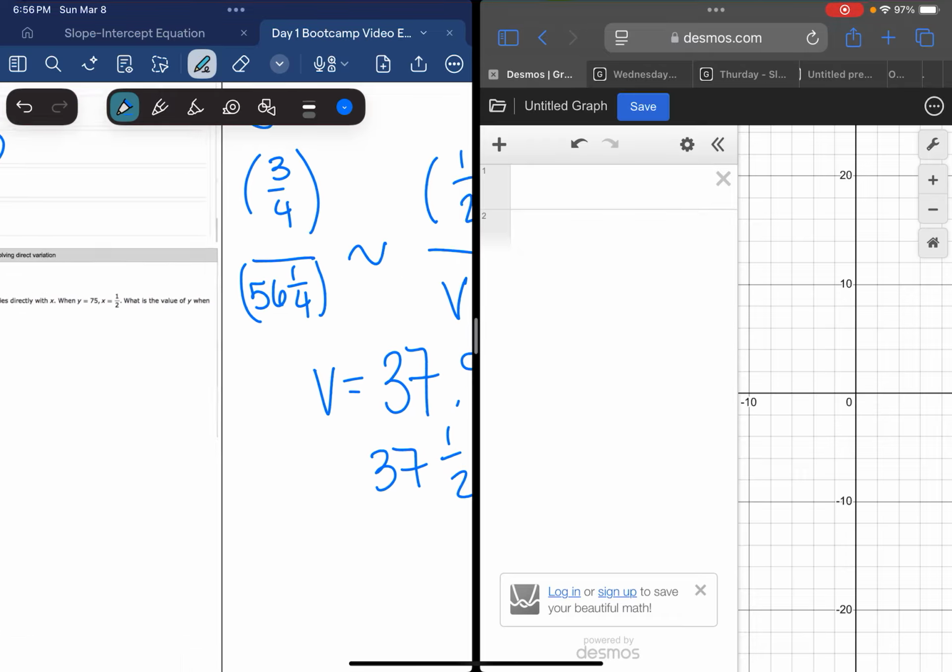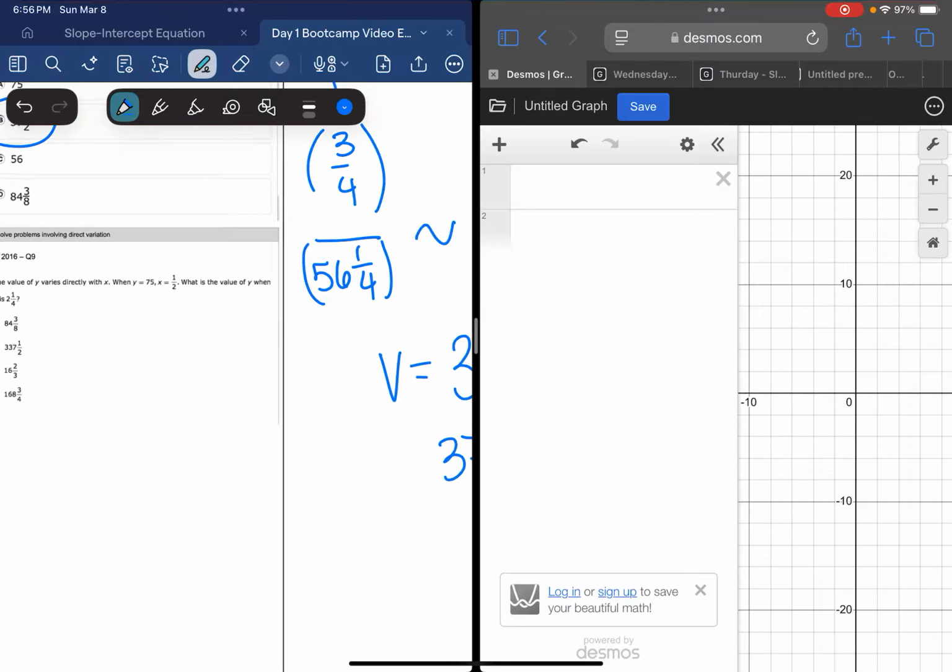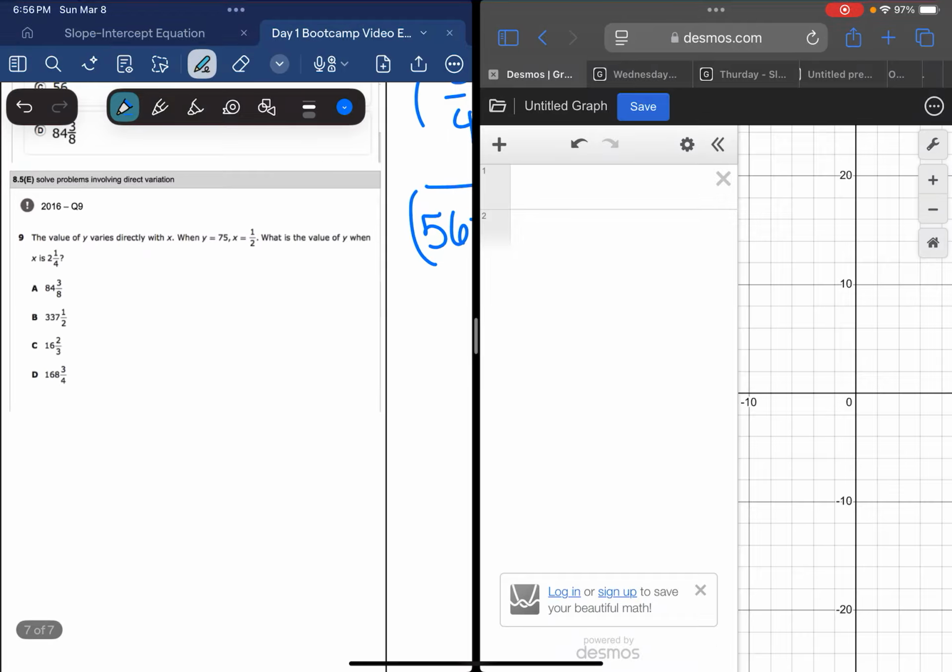Okay, for the next one, another very similar question, a direct variation. So we're going to make two fractions that are proportional. So we'll do x over y. So when x is 1/2, y is 75.